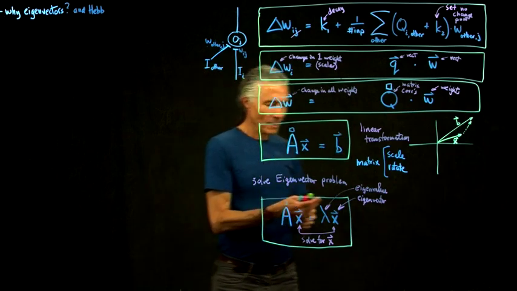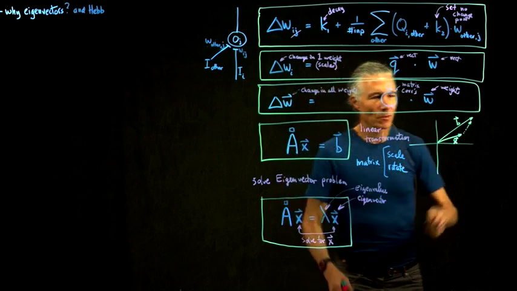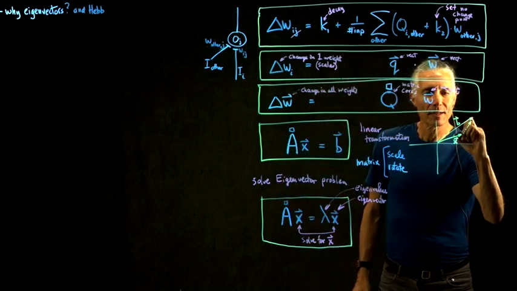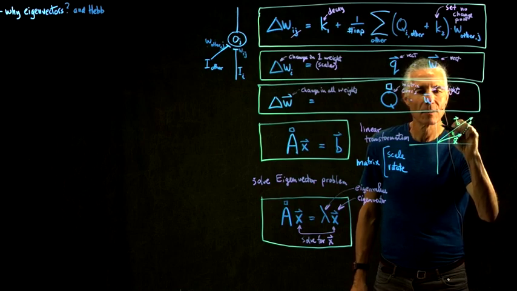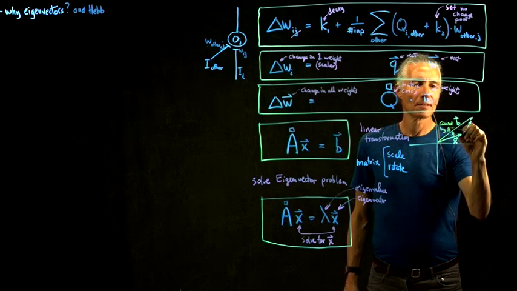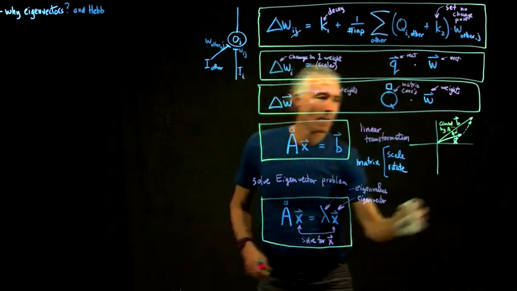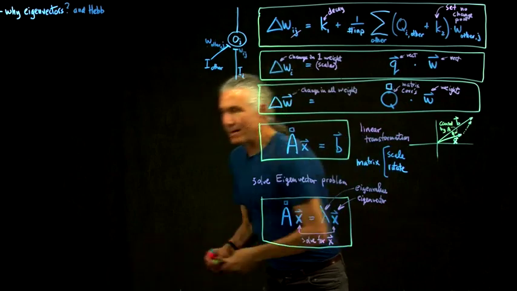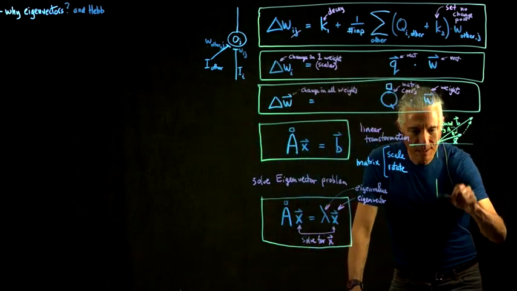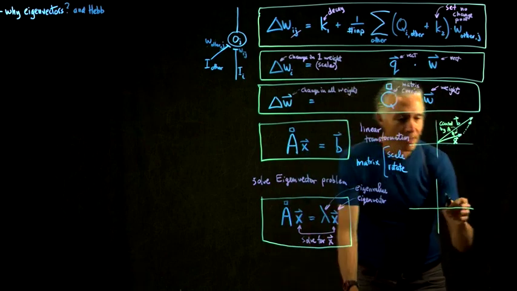So let's just draw out what an eigenvector is. So this basically was caused by the A matrix. So that guy right there. What an eigenvector is: we take a matrix, any old matrix, and then we say, let's find a vector.